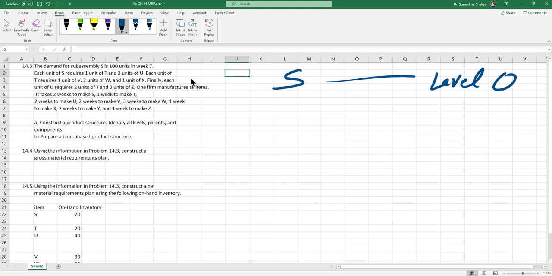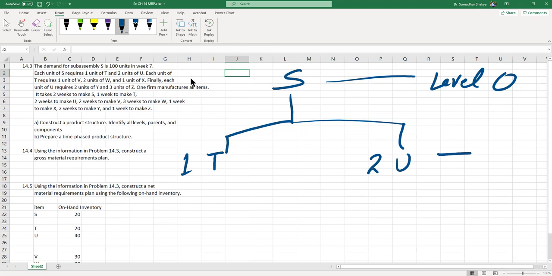Each unit of S requires 1 of T, so I make T here, and I make U here. I need 1 of T and 2 of U. This would be called level 1.